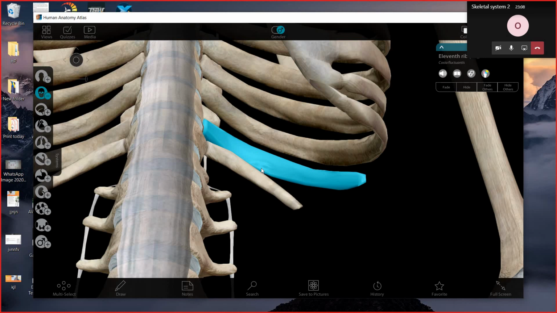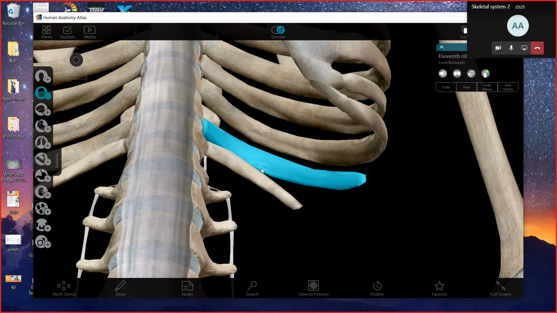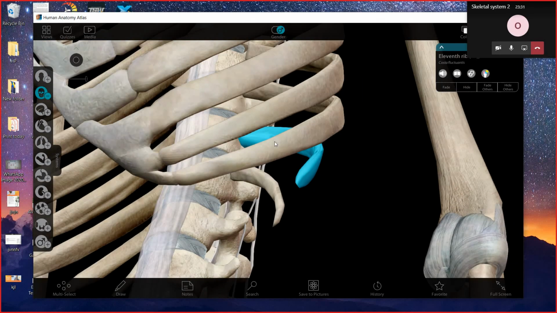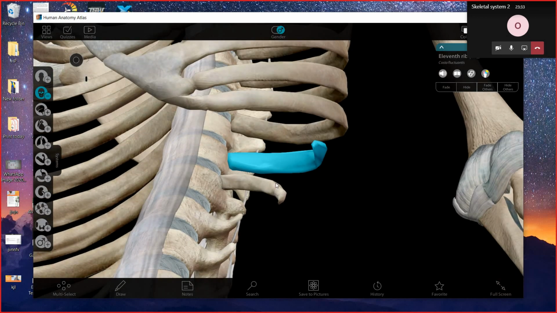Why are they not connected? Why, Omar or Abdullah? Why are these ribs not connected to the sternum? Omar or Abdullah or anyone? What do you think about this? The question was, these floating ribs, why are they not connected to the sternum?